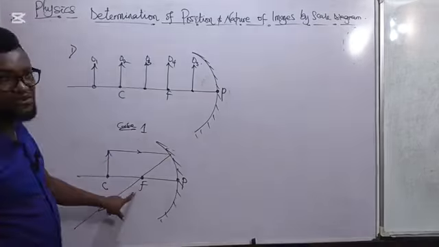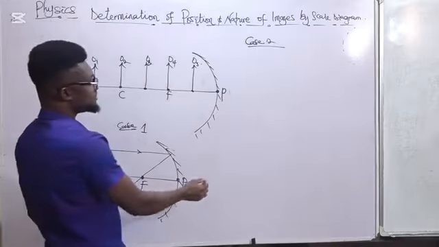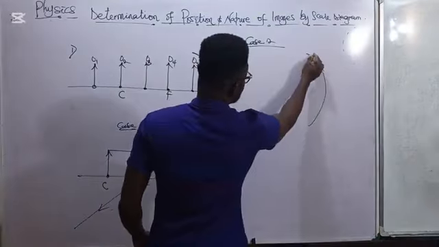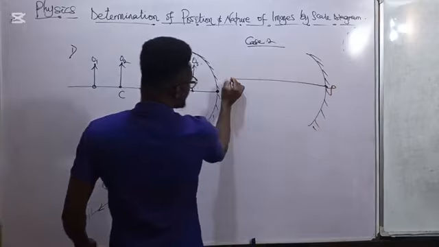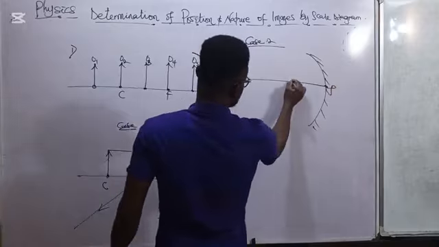Then the second case, case 2, is the opposite of the first one. If you have that same mirror, here is the pole, here is the principal axis, here we have the principal focus and the center of curvature. Please remember, the distance between the principal focus and the pole must be the same as the distance between the center of curvature and the principal focus.